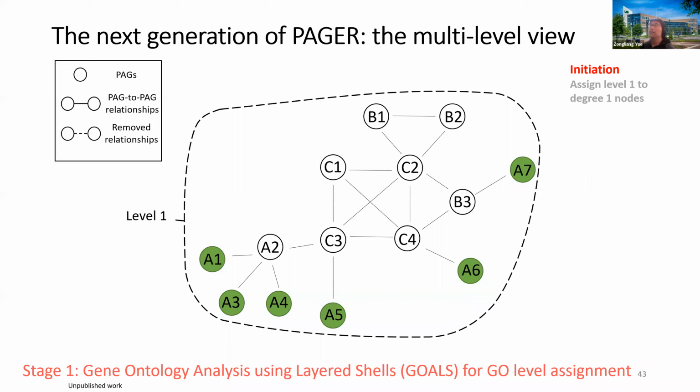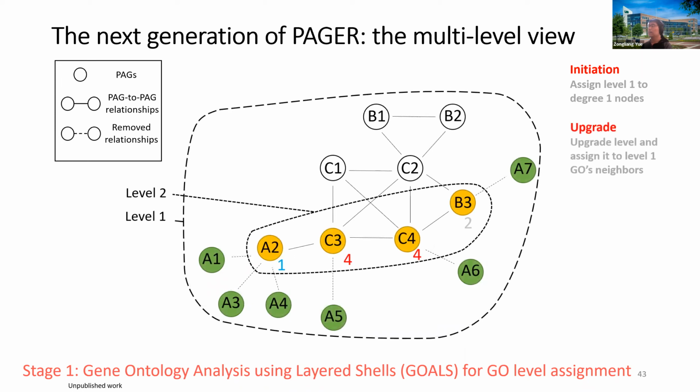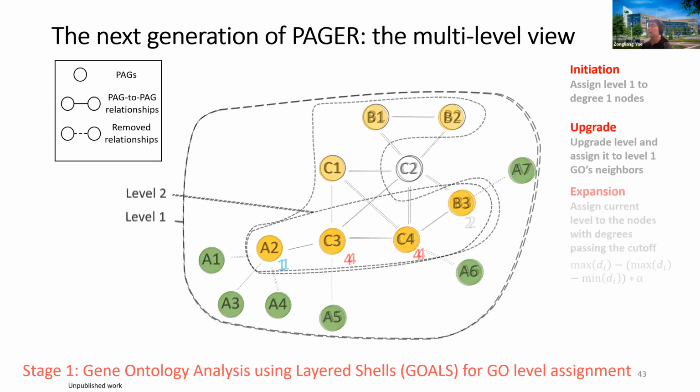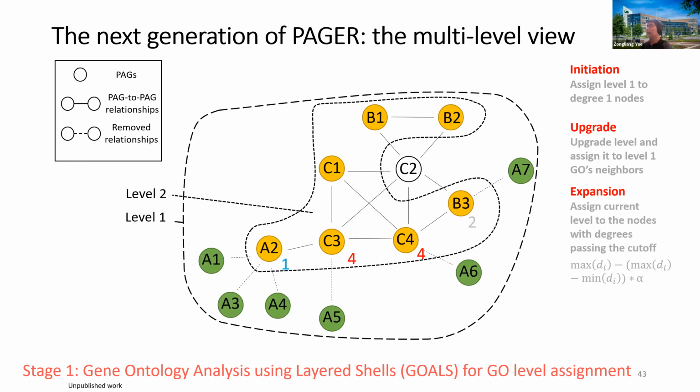And another thing is what the next generation of PAGER would be like. We have thought about, if we already have those higher level, PAG-level networks, can we provide a multi-level view? Therefore, we have a gene ontology analysis using layer shells for the GO level assignment. And we detect the different layers of the paths in the PAG-to-PAG network.